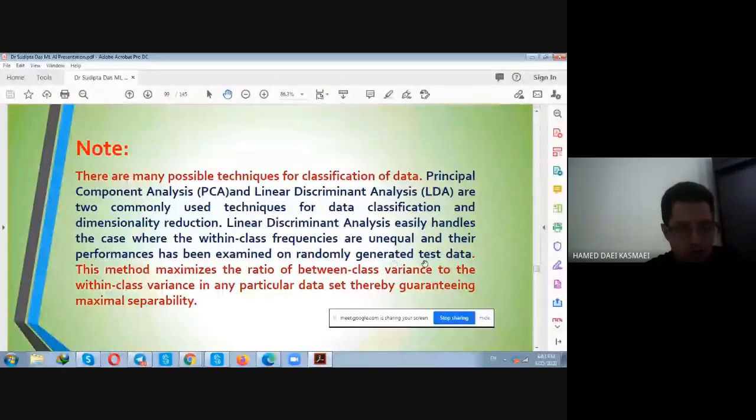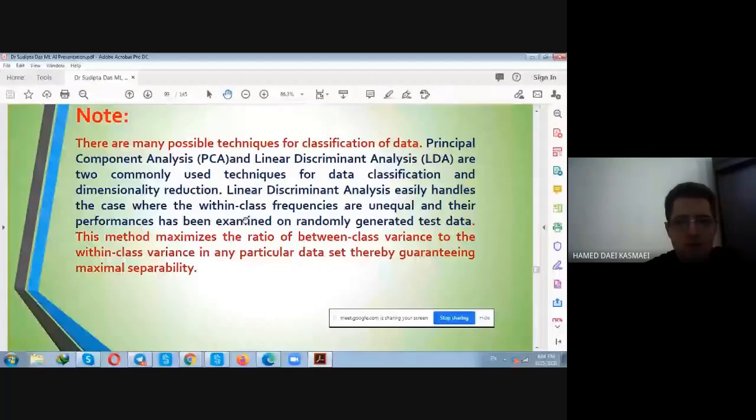This method maximizes the ratio of between-class variance to within-class variance in any particular data set, thereby guaranteeing maximal separability. So these are all the most important techniques that we have.